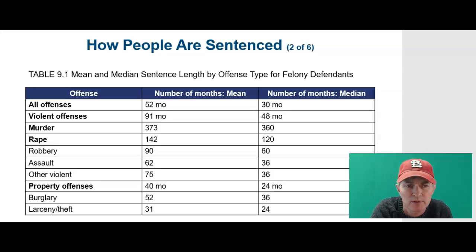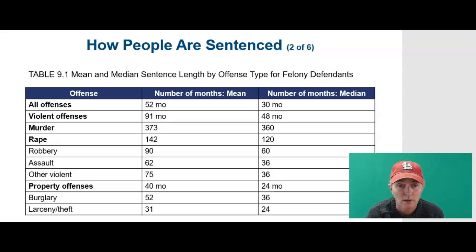Let's see. How are people sentenced? This is the mean and median sentencing length of offense type and felony defendants. So, number of months, all offenses about 52 months. That's your mean, and your median is 30 months. Violent offenders, you're getting 91 months and 48 months.